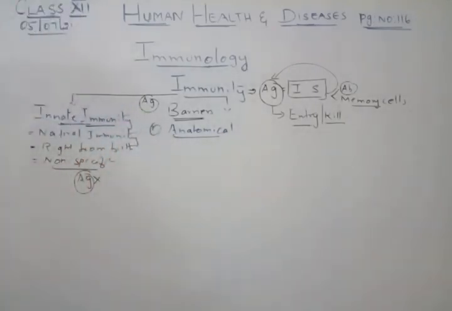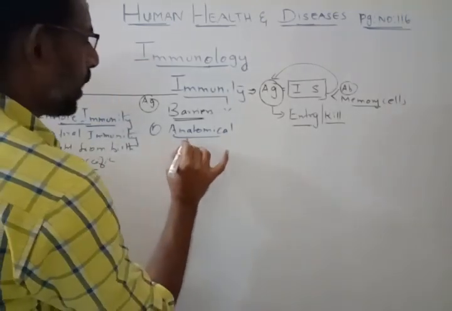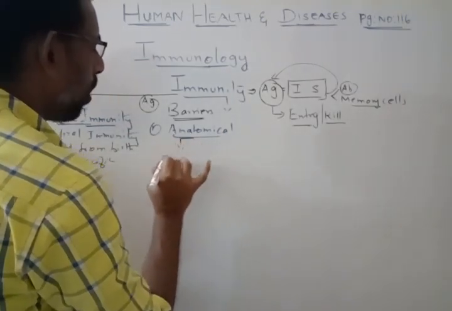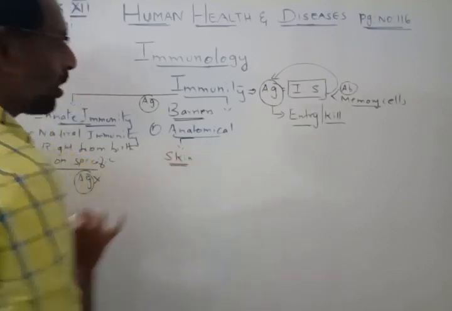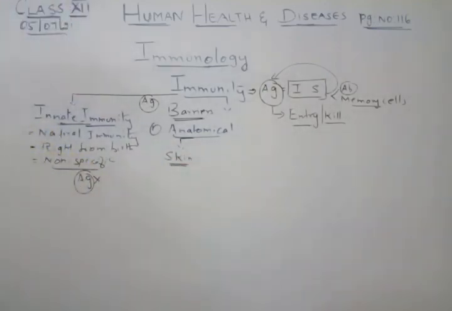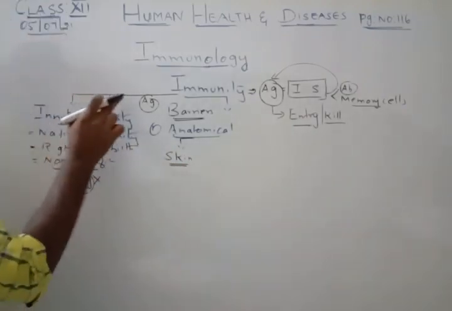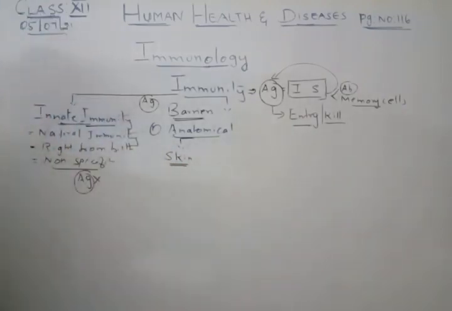Now, there are 2 types of organs that we have in the anatomical part. One is called the skin. Skin covers the entire body. The skin will not allow the antigen or microorganism to enter inside. So how does the skin act?